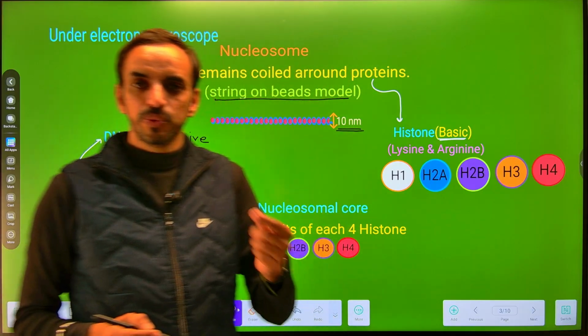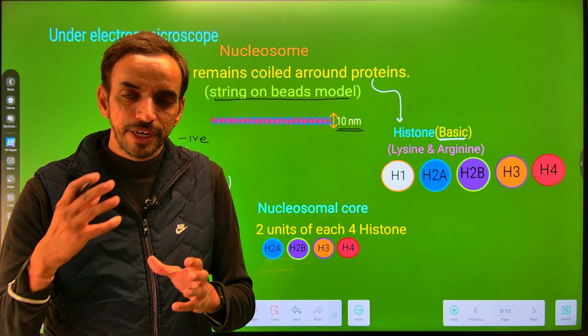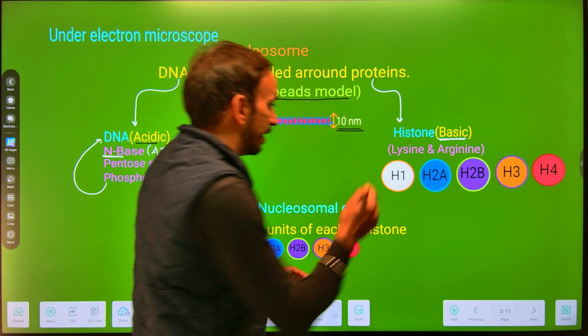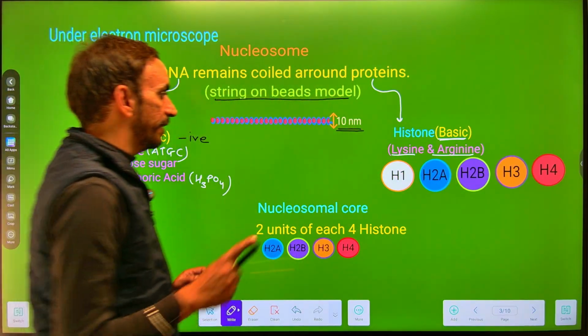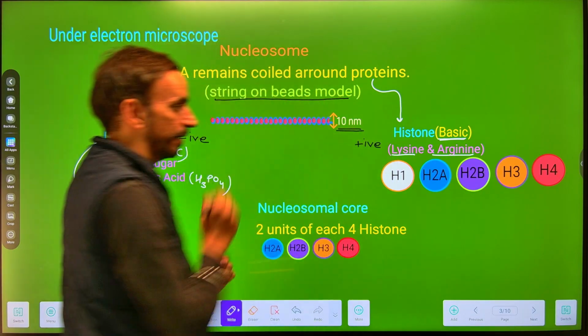As we know, histone proteins are polymers of amino acids, and the amino acids that make up histones are basic amino acids, which are lysine and arginine. That's why these histones have the positive charge.